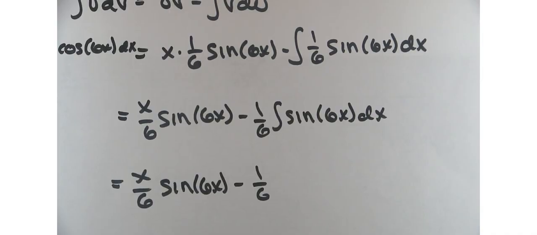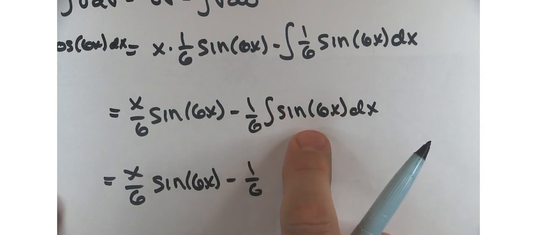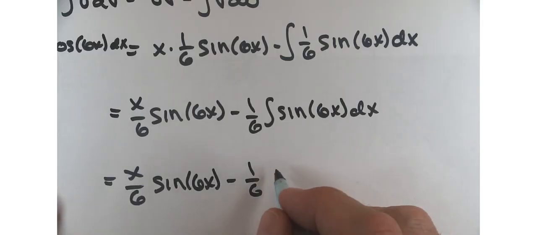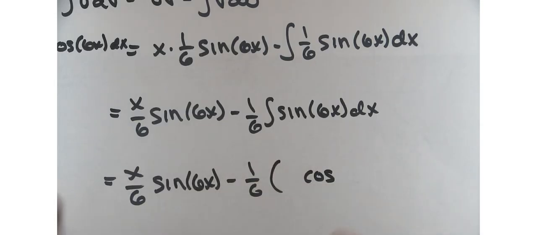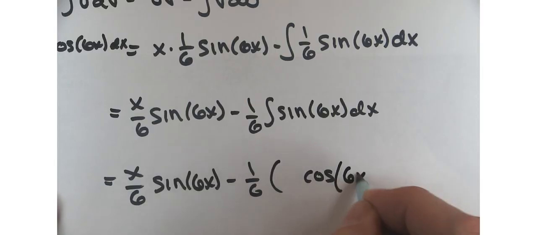So, Paul, what would be the antiderivative of this, please? Cosine. The 6x is still going to be here.